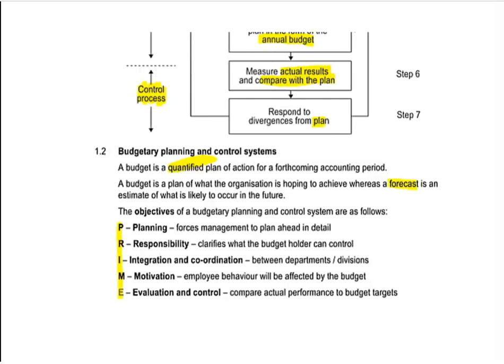Depending on how difficult the budget is, it will affect motivation, especially if employees receive rewards which are linked to targets. And that brings us into the final objective, which is evaluation and control, which is where we're comparing what we wanted to achieve with actual performance.